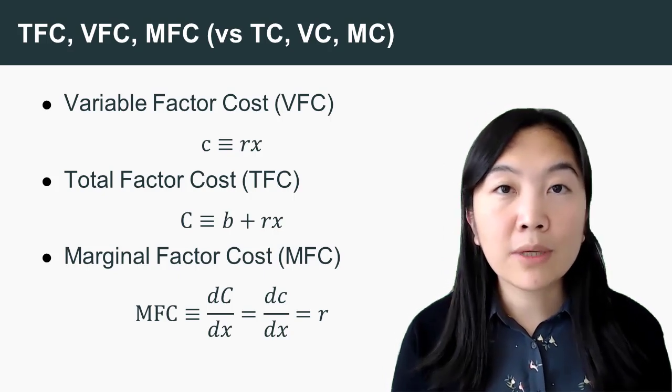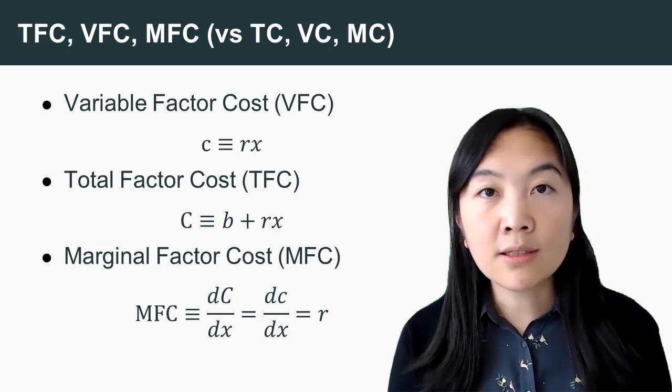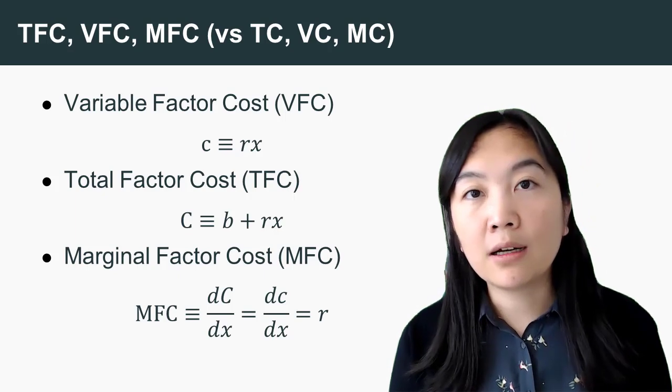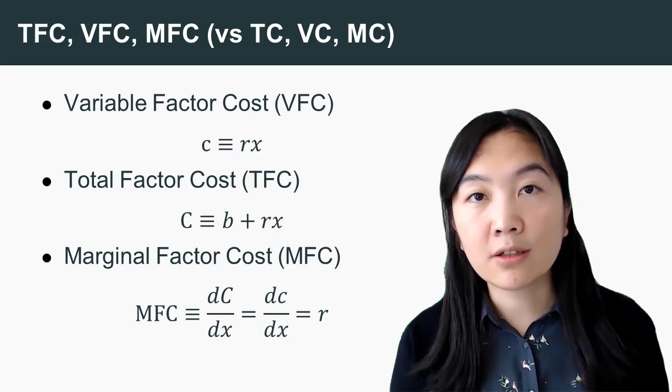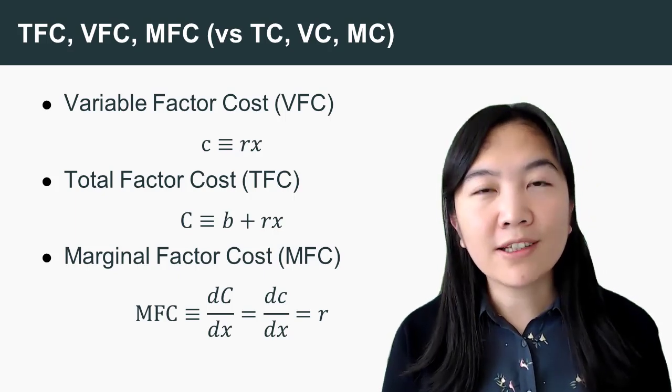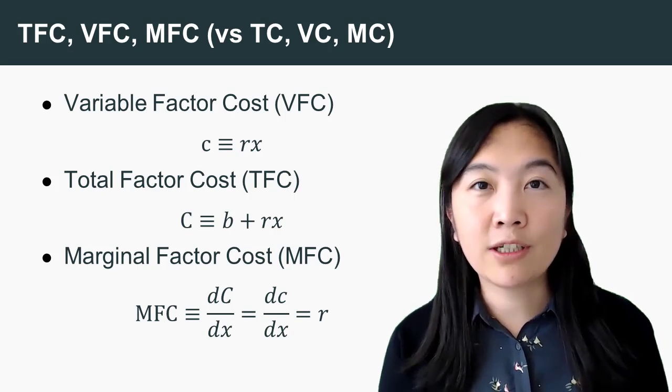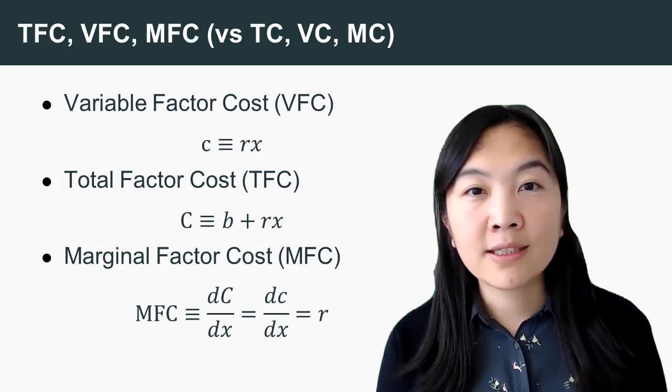And we know that when we take the derivative of a constant with respect to a variable, the derivative is going to be 0. So fixed cost does not affect your marginal factor cost.